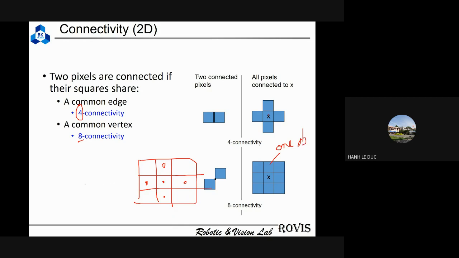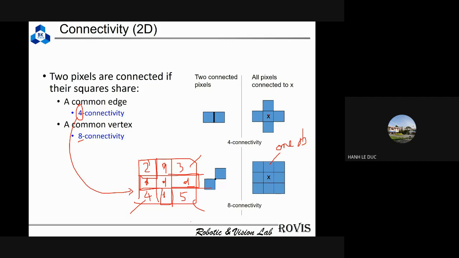But if we use the four connected component here, this one is one object, but this one is different. In this case it will form five objects. The biggest object is the cross, and the surrounding pixels are different objects. So this is the definition of connected component, or connectivity.